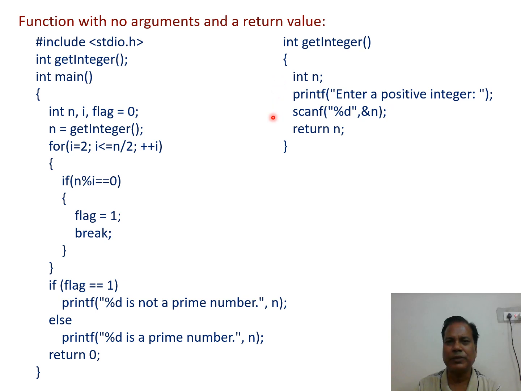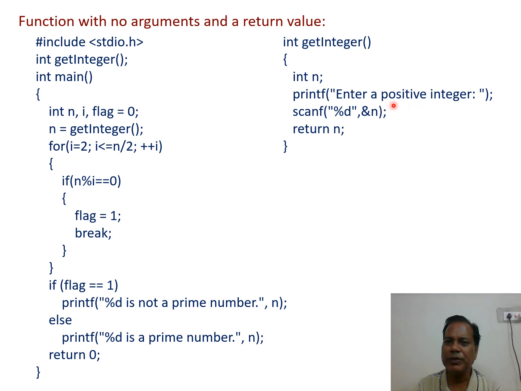Inside the body of this function, int n; the integer variable n is defined. Then printf("Enter a positive integer:").